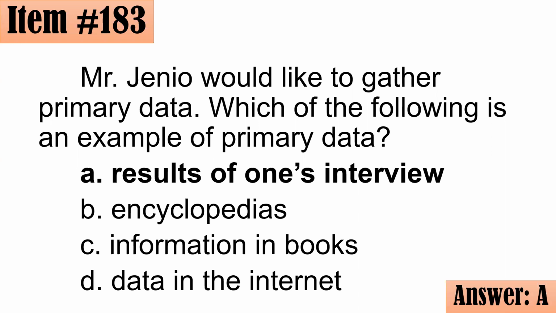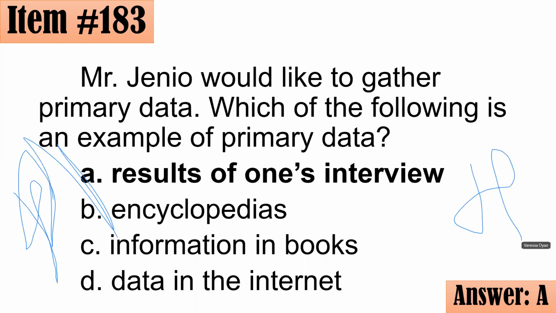So when we speak about secondary data, these data are published. It could be published or unpublished. It could be data that were gathered by other researchers. And also, for example, information found in books, encyclopedias, magazines, research journals are examples of secondary data.